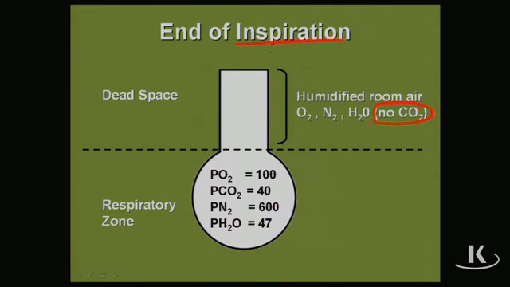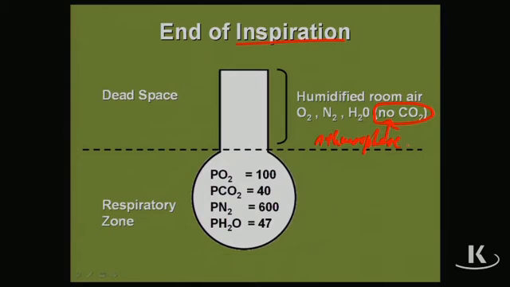Leaving carbon footprints. We are talking about the level of carbon dioxide that is put into the air, pollution, ozone. You've been part of that discussion politically. Key point, just to make sure you remember, at the end of inspiration, we do not expect to find carbon dioxide in the conducting zone in someone breathing normal atmosphere.